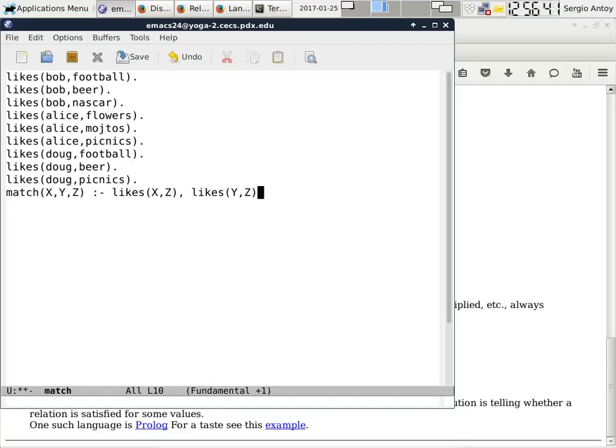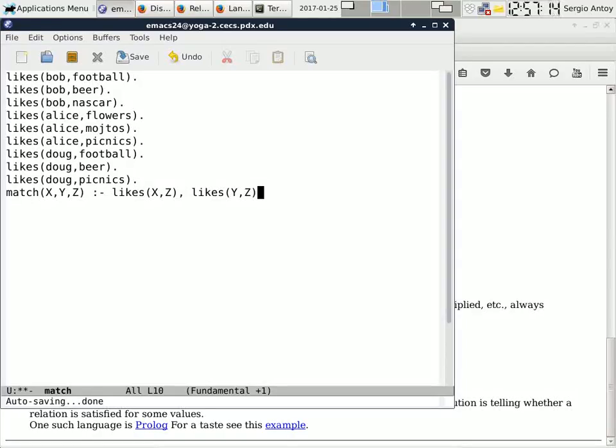So at this point, if I run this one, and I say find an X and a Y that like Z, what do you think is going to happen? Right, that's fantastic. Bob and Doug both like football, so this would be a good match, right? Perhaps it was not intended, not that there's anything wrong with that. But there is something else even before that.